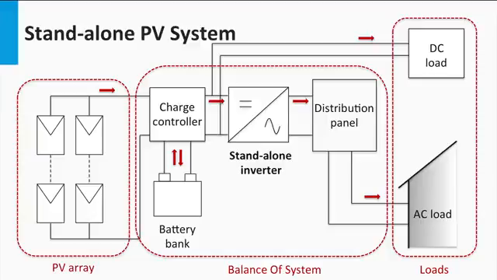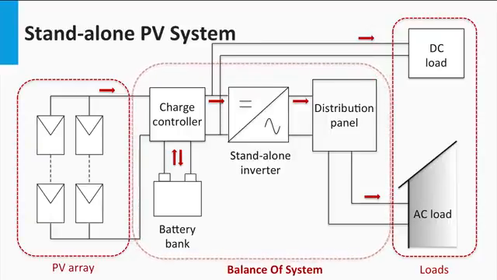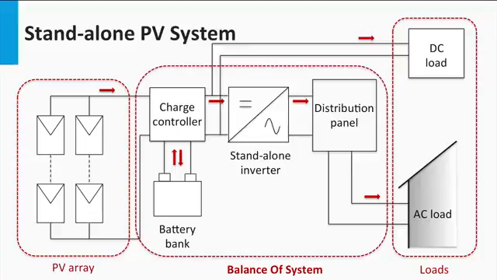The standalone inverter has to be responsible for efficient power conversion from DC to AC power over a wide range of loads. The better the inverter, the higher the efficiency over a variety of loads. Together, the charge controller, battery, inverter, distribution panels and the wiring make up the balance of system.